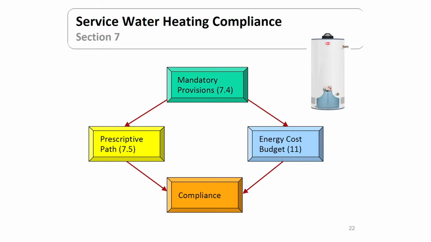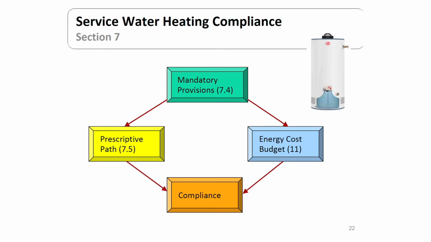I haven't said a lot about this so far, so I'll say it now. Anything that cannot be done with the prescriptive path, that is, if you cannot possibly meet the requirements of the standard, the option is always open to then go back and use this energy cost budget route and therefore meet compliance.